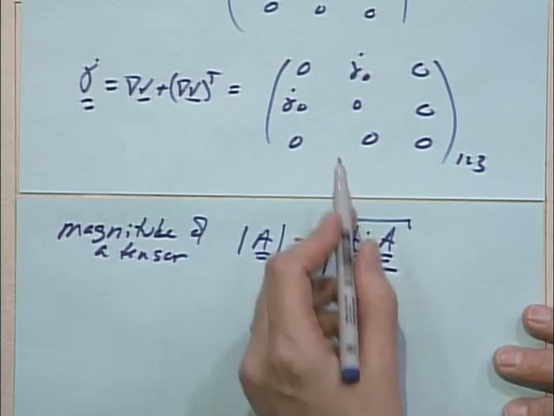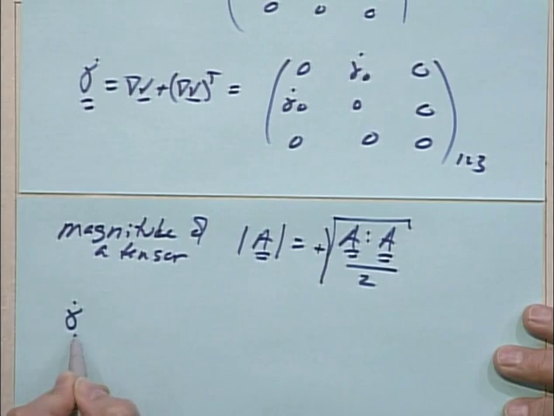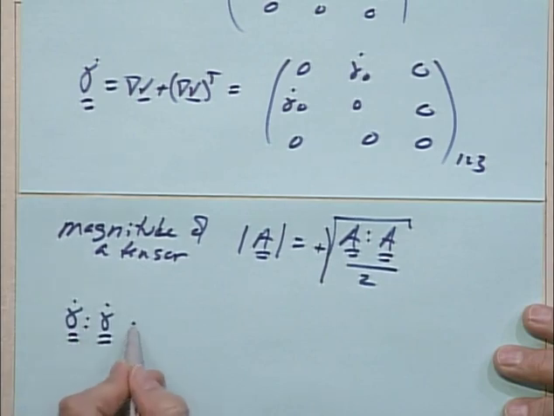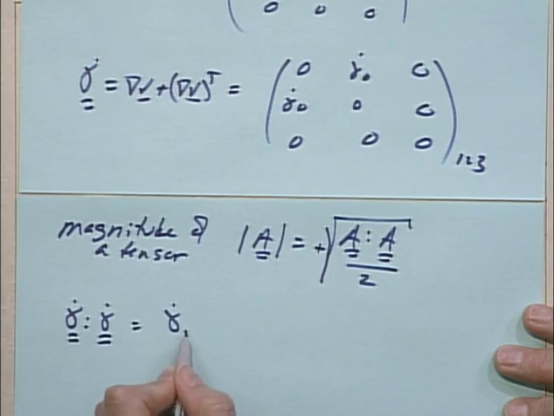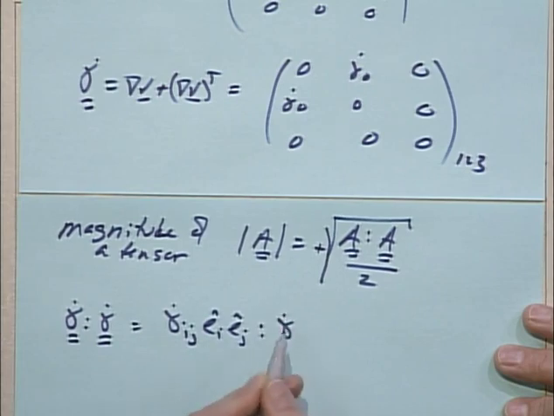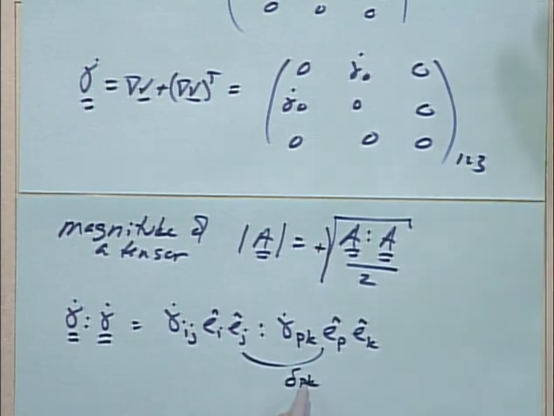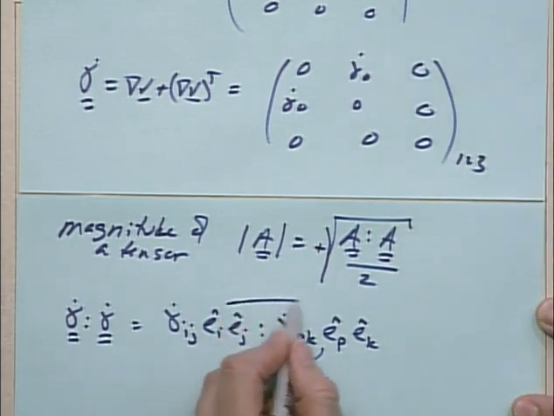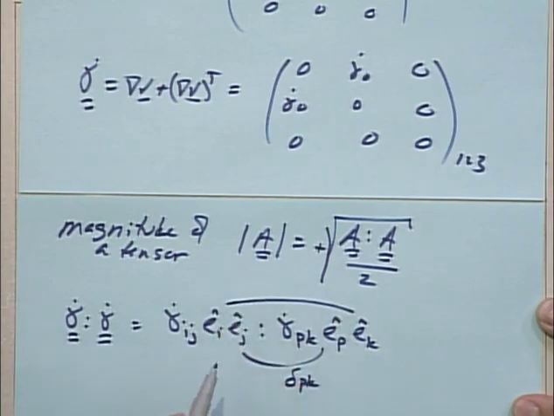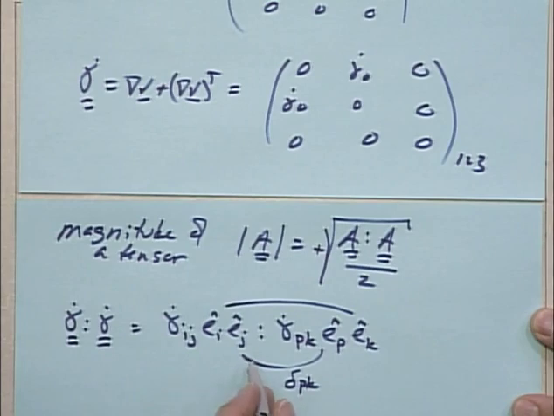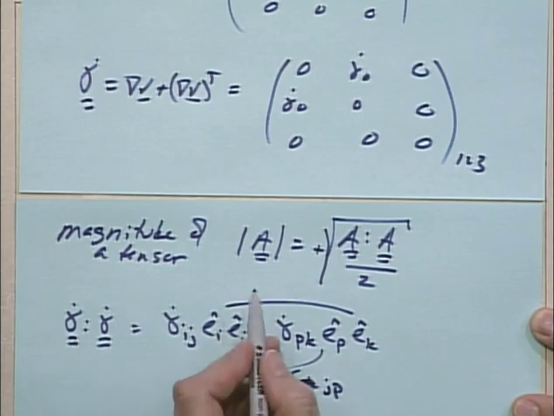So let's calculate this number for this tensor. Gamma dot double dot gamma dot is gamma dot ij ei ej double dotted with gamma dot pk ep ek. So the double dotting means we dot the nearest 2, so that's delta jp. We dot the farthest 2, that's delta ik.